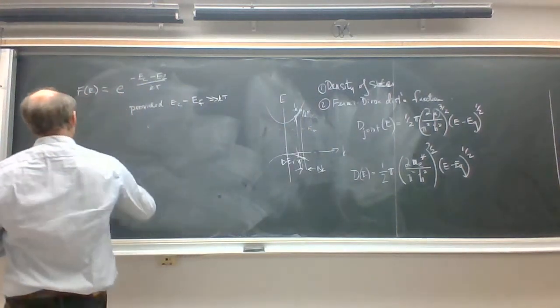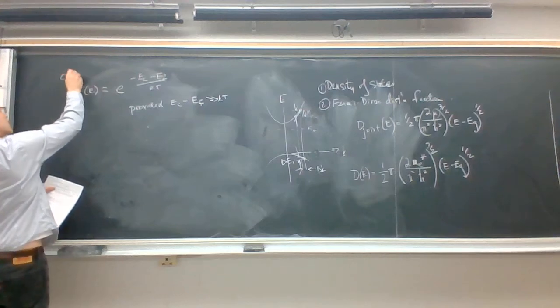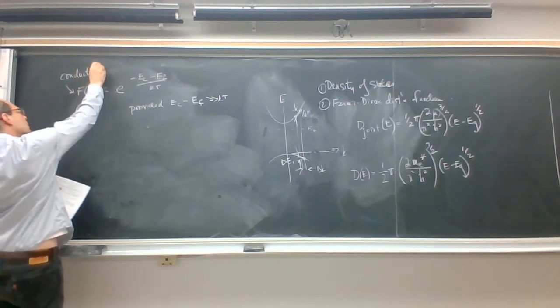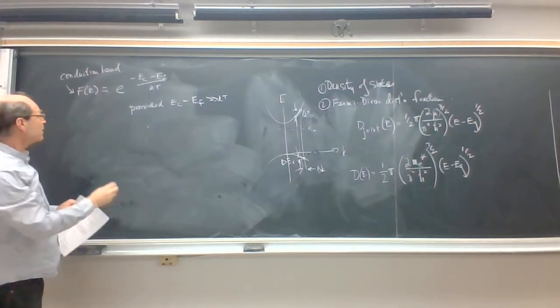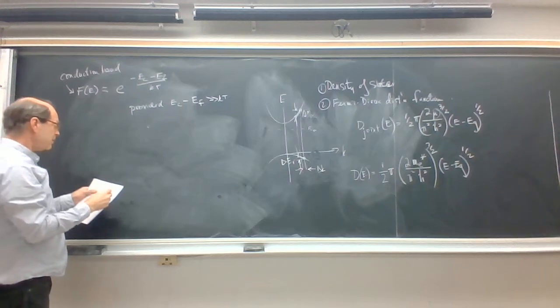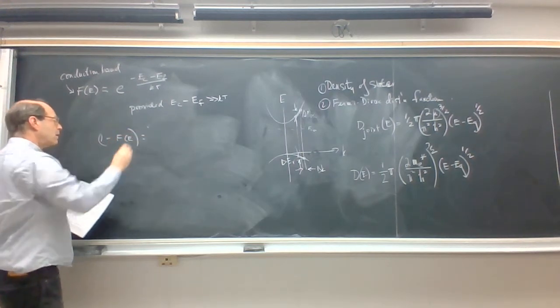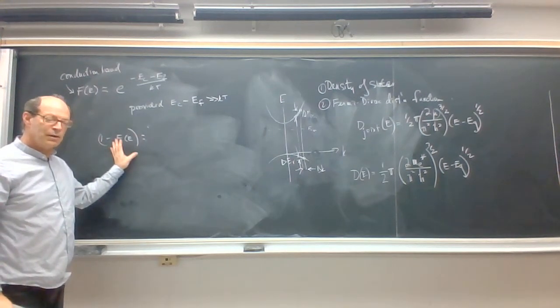In the conduction band, this is the probability of occupancy of states. In the valence band, what's interesting for us is really 1 minus f of E. We really want to know the probability of a hole existing in the valence band.